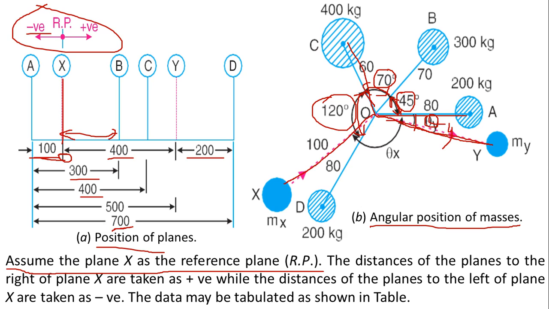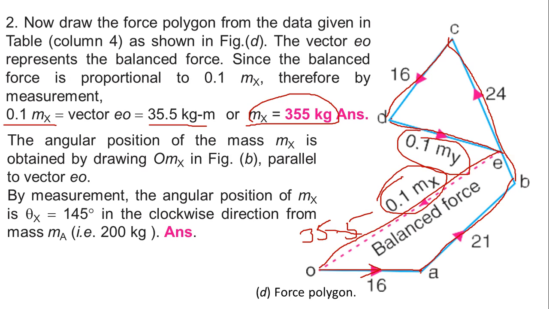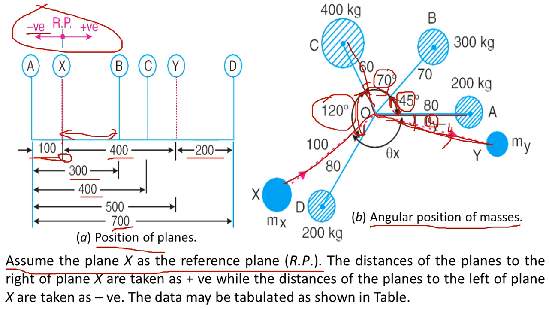At this angle, you measure the angle. So you get the angle of x as 145 degrees. Theta x will be 145 degrees, and the mass is 355 kg. Okay. So these two unknown masses you have found out. The balanced masses can be found out. Like this you need to solve.